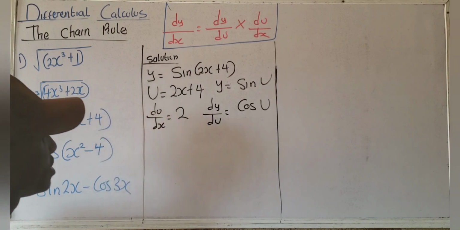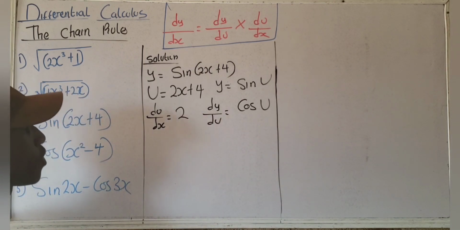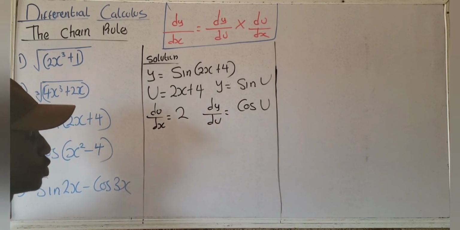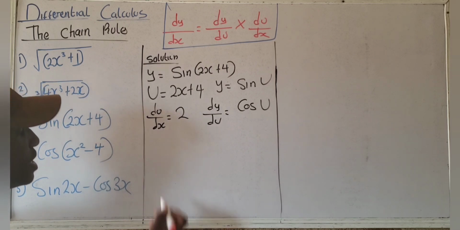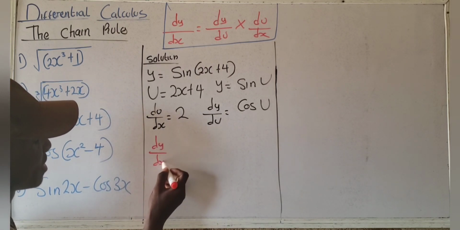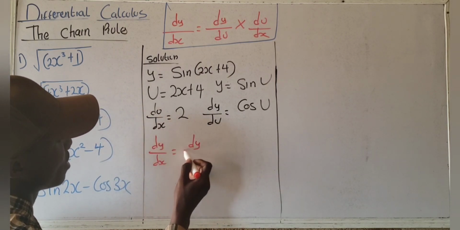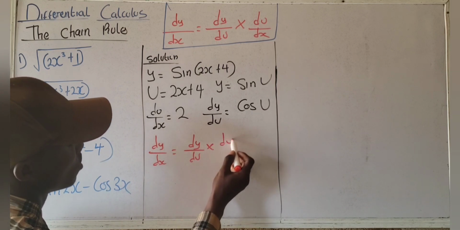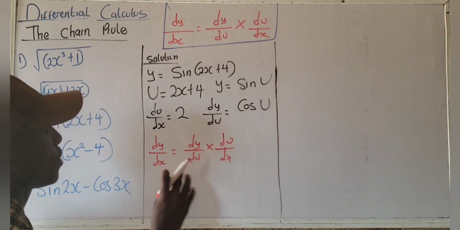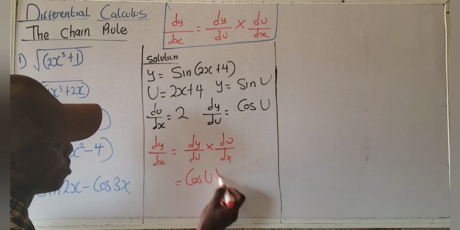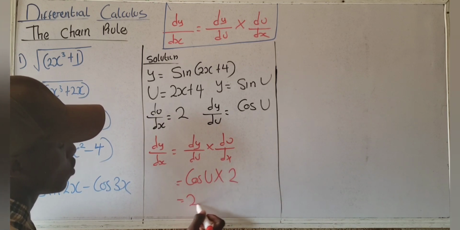Having done this, the next step is to take the product of du dx and dy du. You're going to get the value of dy dx. So dy over dx equals dy over du multiplied by du over dx. Okay, dy du is cos u, so I'm going to have cos u multiplied by 2. That is 2 cos u.